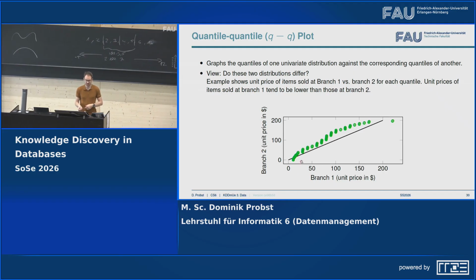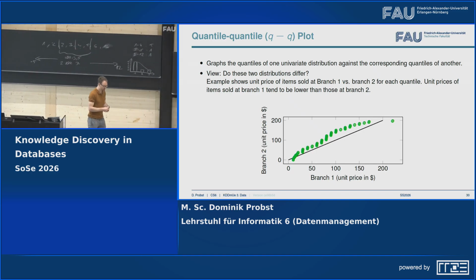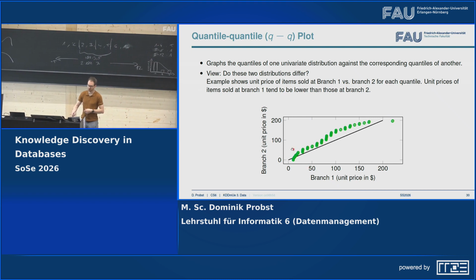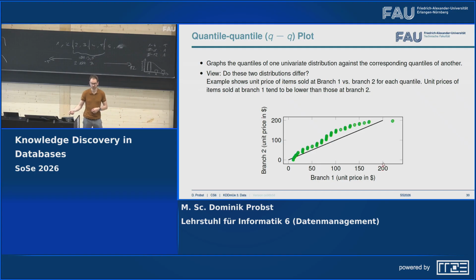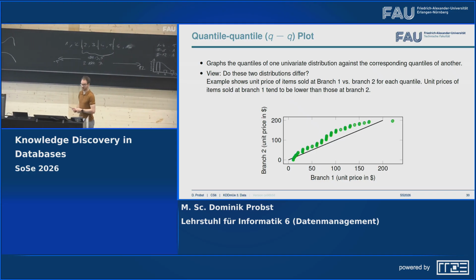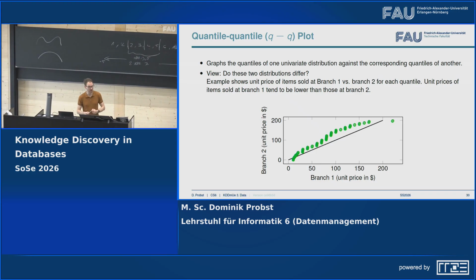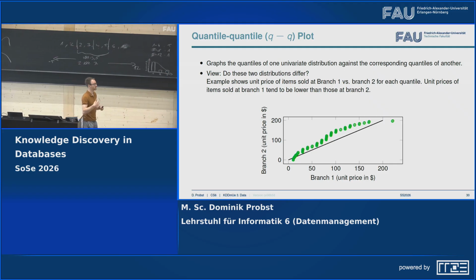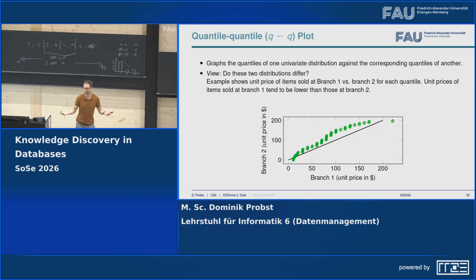In this case, we see that the line of branch 1 is certainly below the line of branch 2. So in branch 2, we get to 200 a lot faster than with branch 1. And therefore, we know that the unit prices of items sold at branch 1 tend to be lower than those that are sold at branch 2, which is also a useful information to know about.